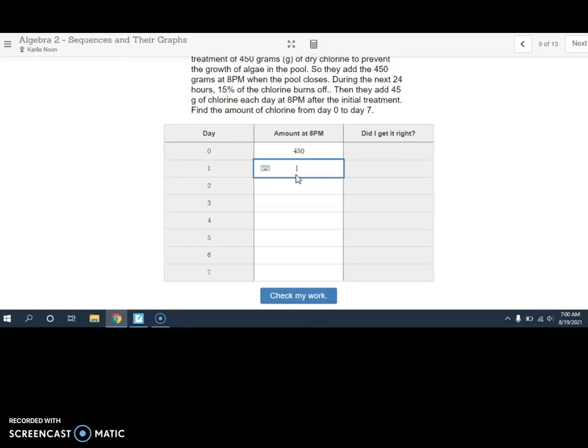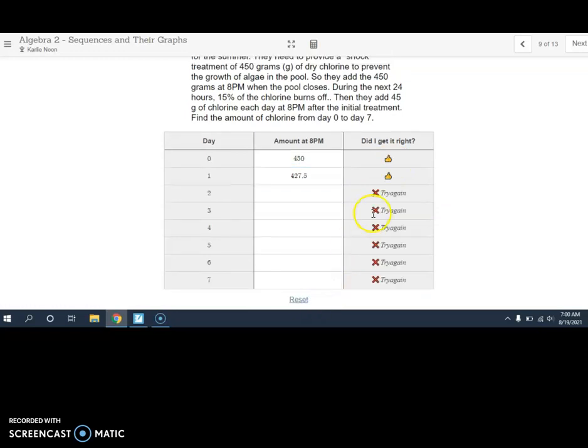We found that answer to be 427.5 grams of chlorine. And this is set up so that if you have the right answers for U2 and U3 and so on, when you click on check your work, you'll get a thumbs up.